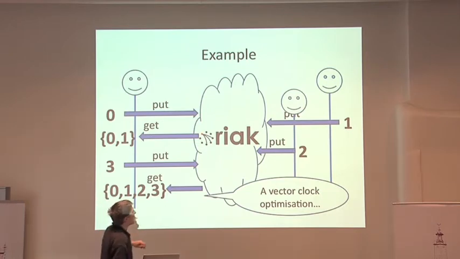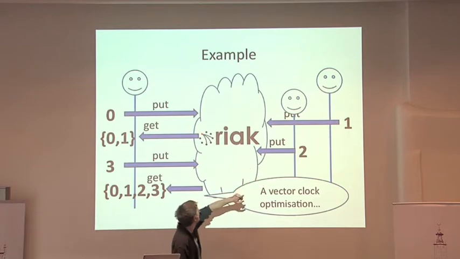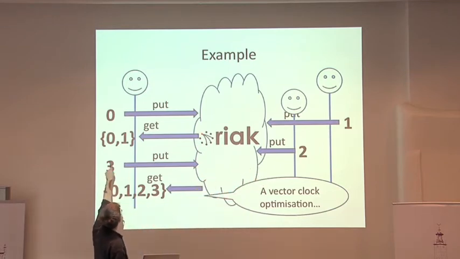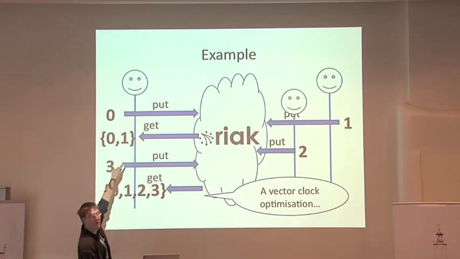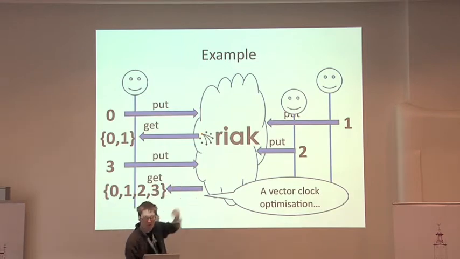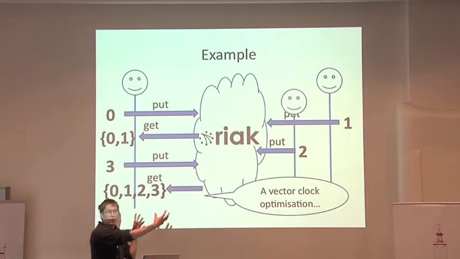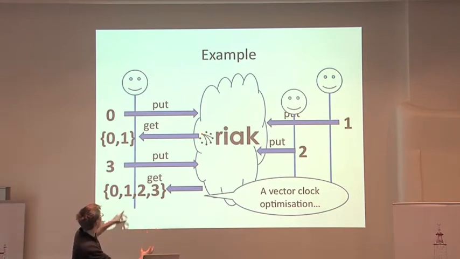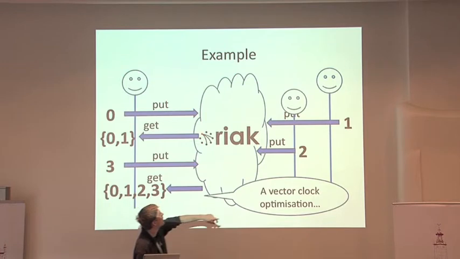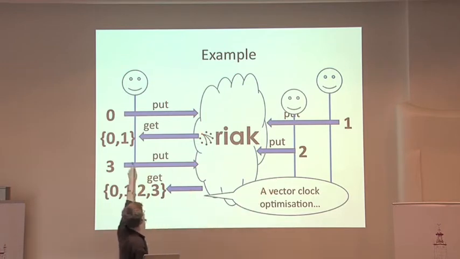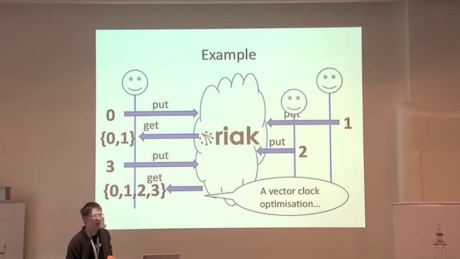So when the 2 is put here, it loses the fact that this put here updates is newer than the 0 and 1. It just sees at this point 0, 1, 2 in the database, and the 3 is not newer than 0, 1, 2 because the 2 over here has not been seen by this guy. So when the 3 is put, it'll just become a bigger conflict between 0, 1, 2, and 3.